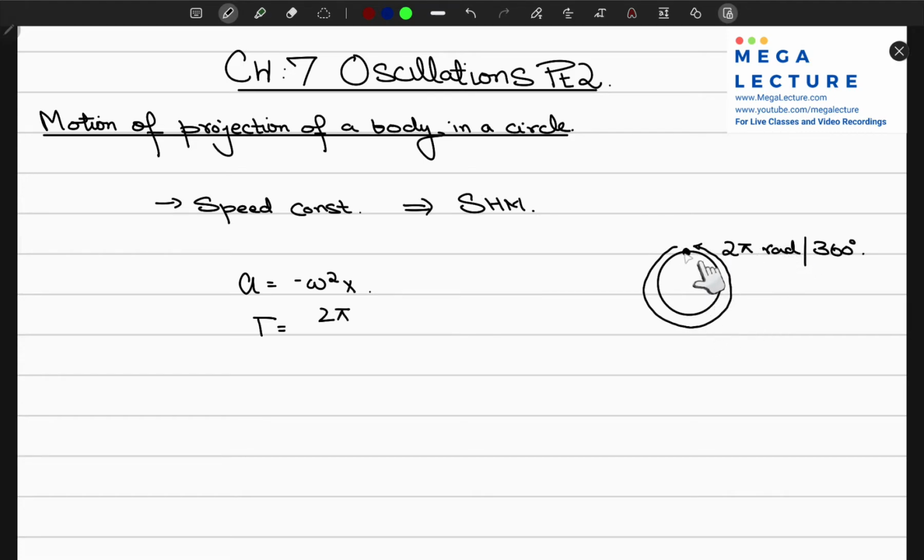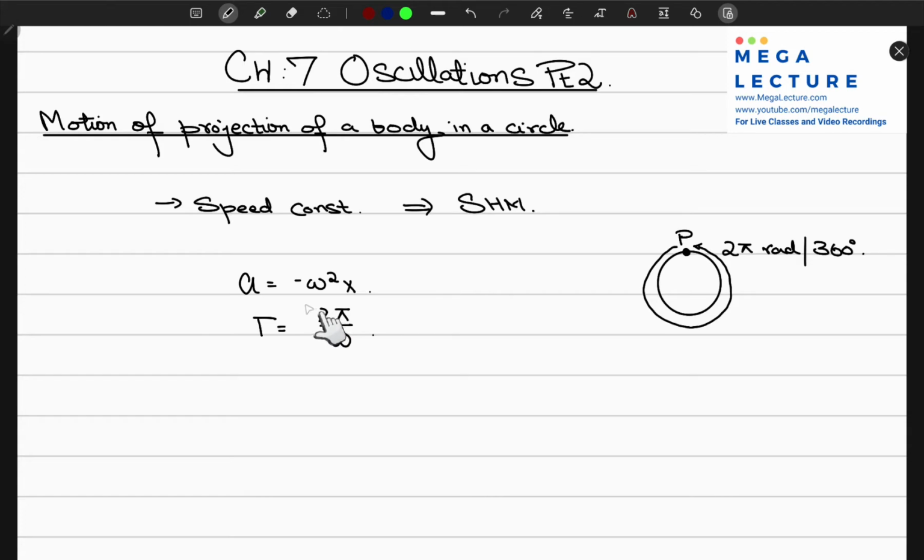Hence, the time period is this angular displacement divided by the angular velocity, so that's 2 pi over omega. That's the time period of this projection.